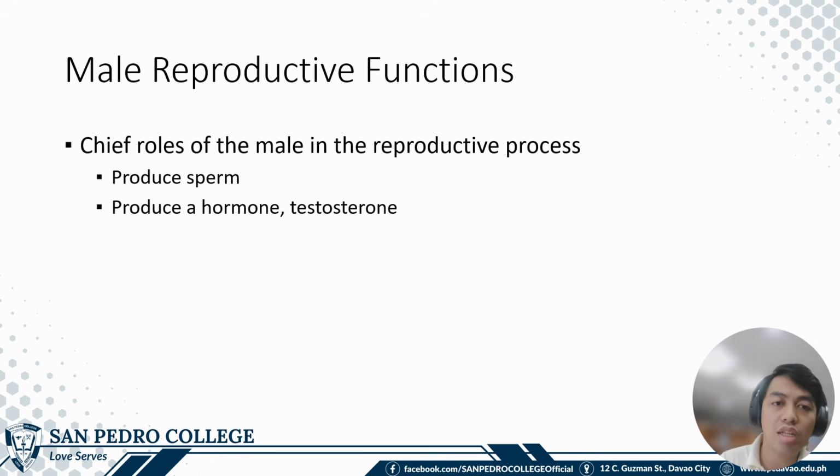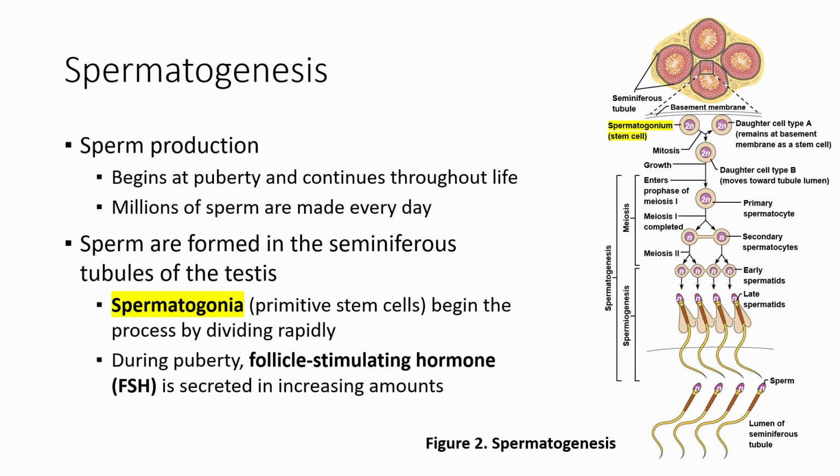So the male reproductive system not only produces your sperm but also produces testosterone. For sperm production, the process of sperm formation starts with the spermatogonium, which is the stem cell found in your testes.